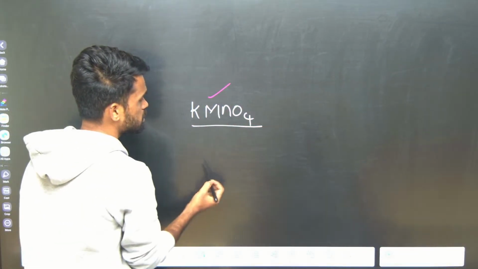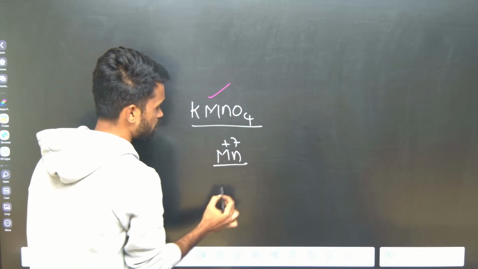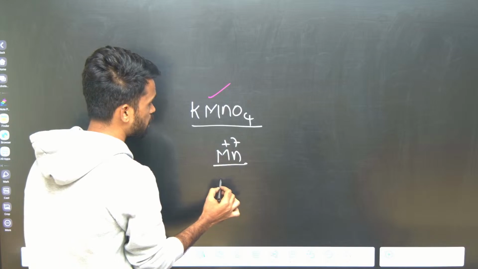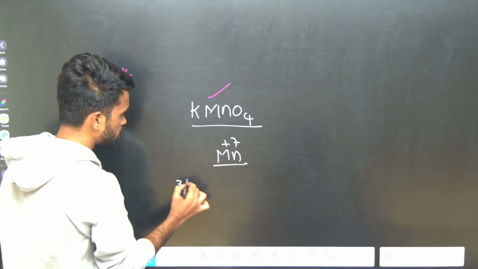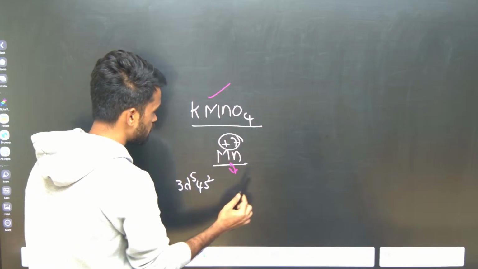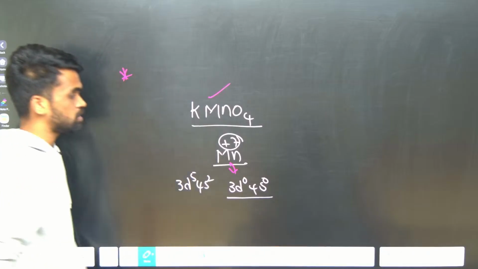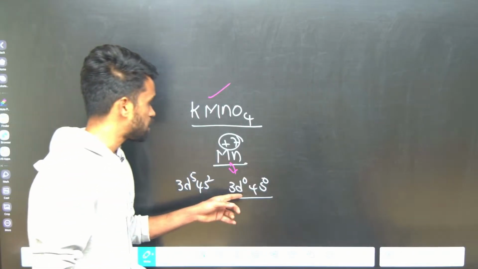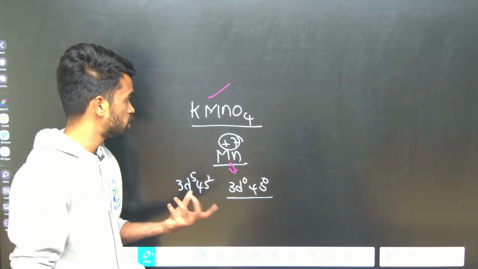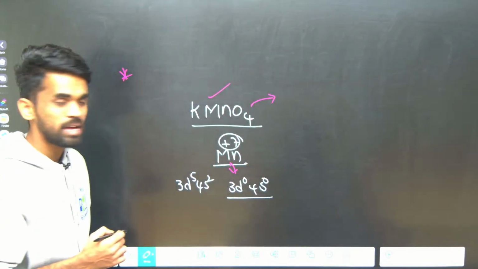What is the oxidation state of manganese here? +7. What is its electronic configuration? Atomic form is 3d5 4s2, but in +7 it becomes 3d0 4s0. There is no electron to show d-d transition, but KMnO4 has a purple color.